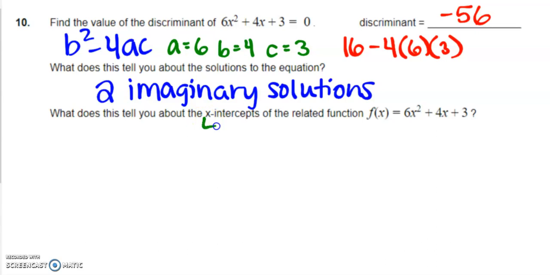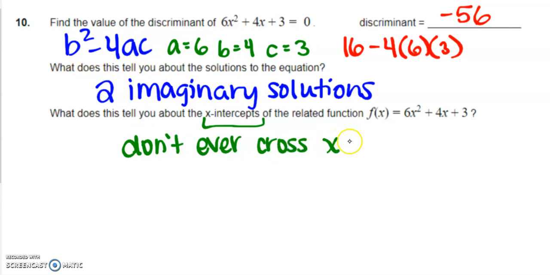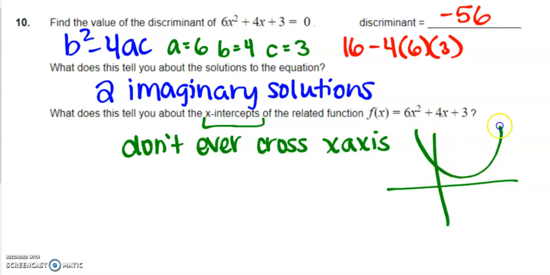And what that means about the x-intercepts is that we don't ever cross the x-axis. So this would be one of the parabolas that's floating completely above. Okay, it's never going to cross over the x-axis because of the imaginary roots coming from the negative discriminant.